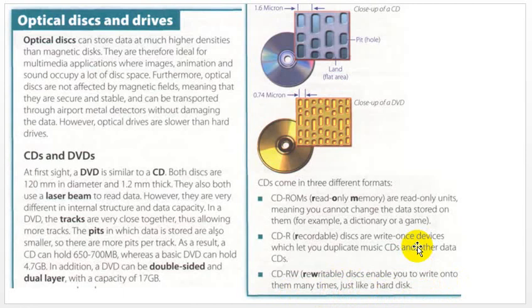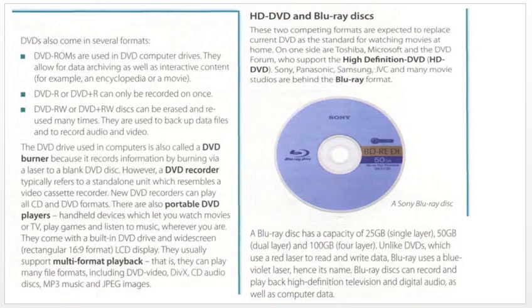This is very useful CD. You can use it for many times, because when you take the file for the first time, then you can rewrite it the second or third time. Okay, that is rewritable, CDRW. Okay, let's continue our reading.